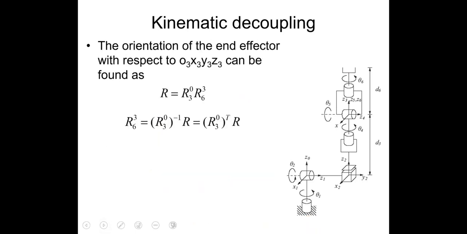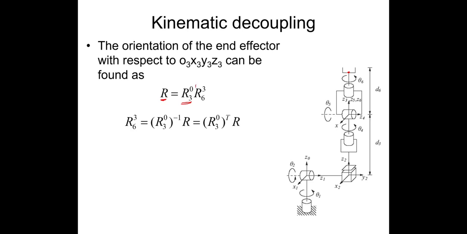Now the question is, we know the final orientation of the end effector, which is given. This R is a real number matrix, and it is the desired orientation of the end effector. And then we know this R30 from the kinematic decoupling, which we just calculated.